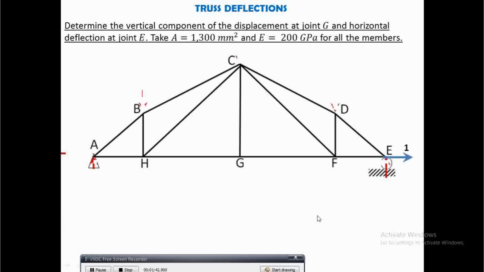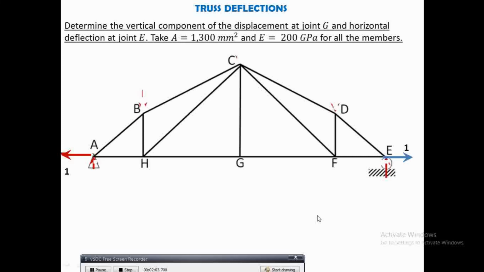So, after nag-apply tayo ng 1 unit load, next is we have to determine the reactions for each support. So, I use the static equations. And since wala nang ibang vertical values, ang makukuha ko lang is the horizontal reaction at point A that is equal to 1 to the left.